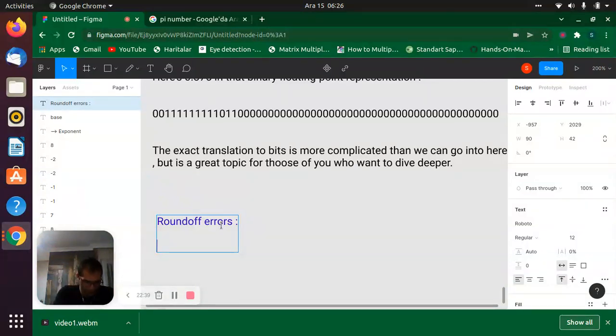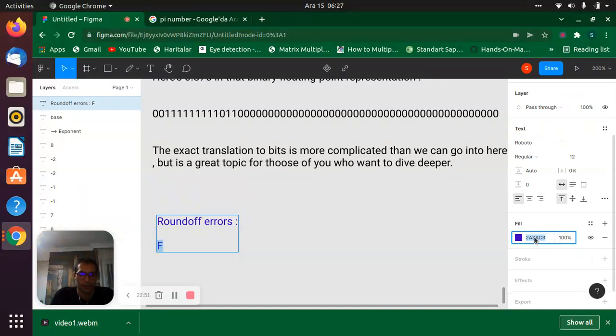Now we will write, again, floating point representation. Let's use black.